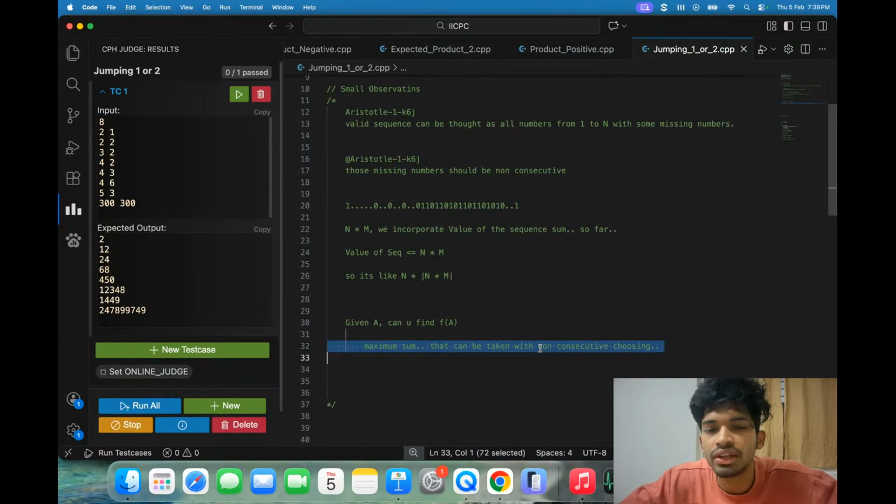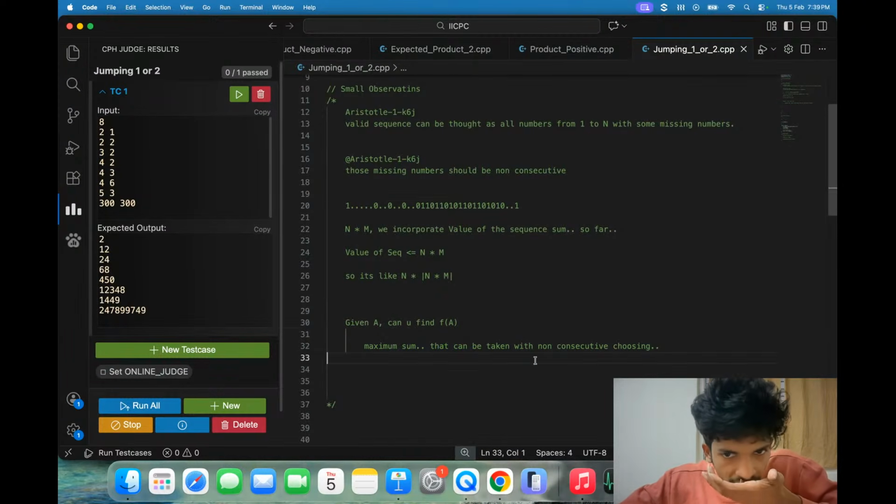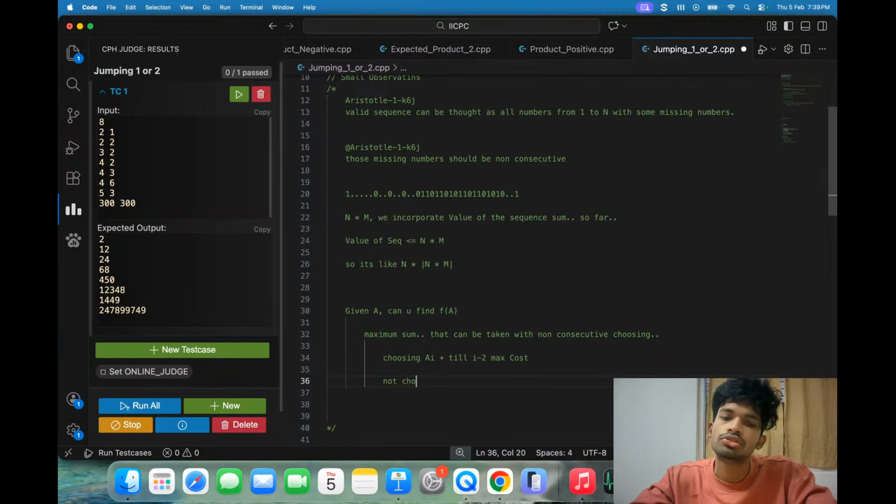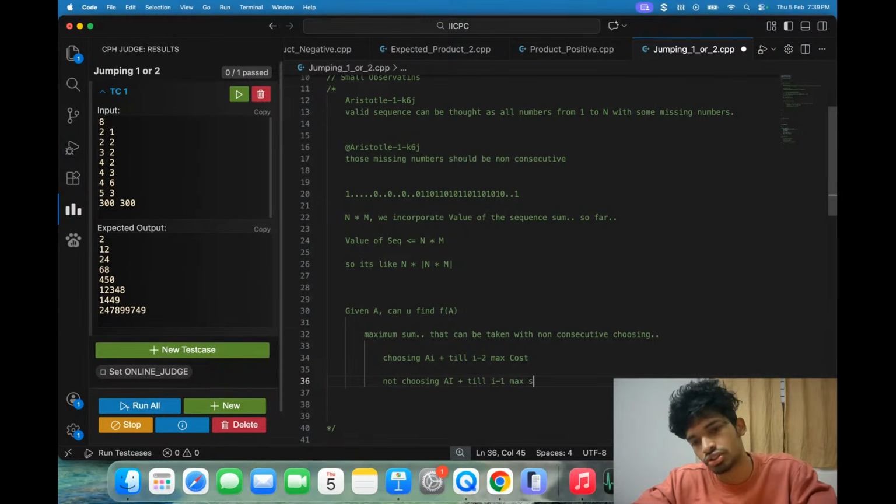Because for one thing, the DP proceeds like choosing A_i plus till i minus 2 max cost, not choosing A_i plus till i minus 2 max, i minus 1 max cost.